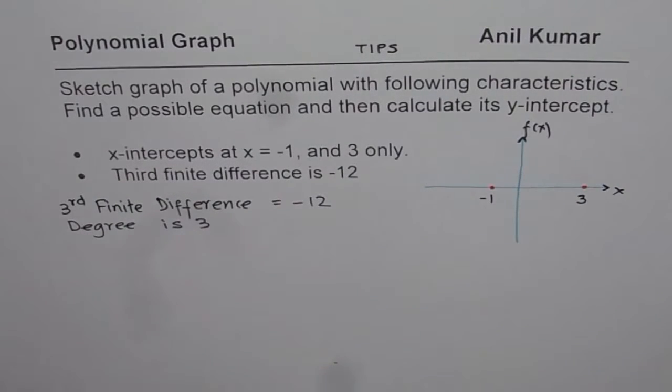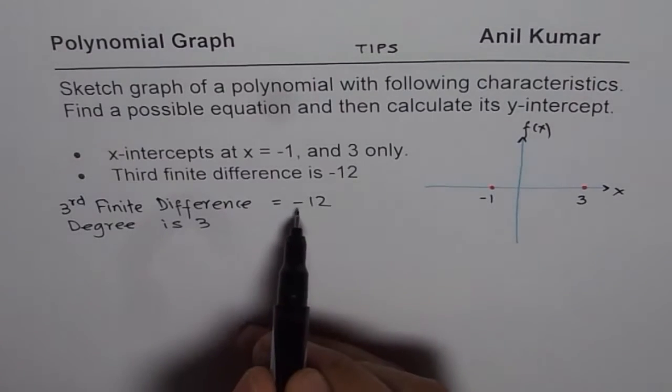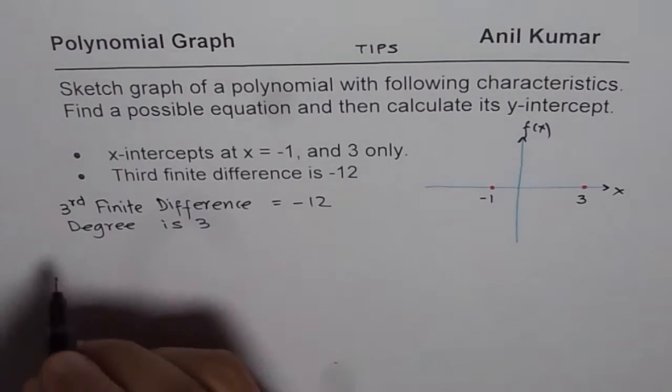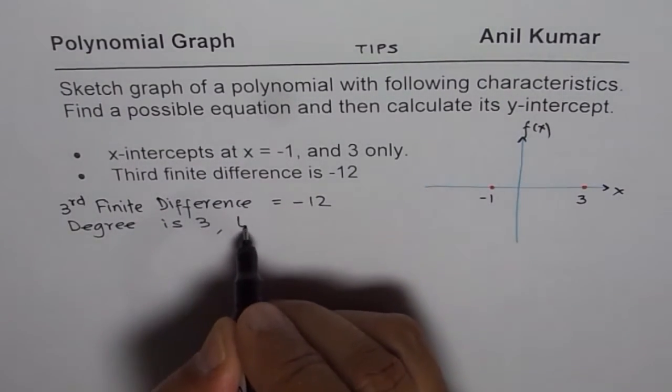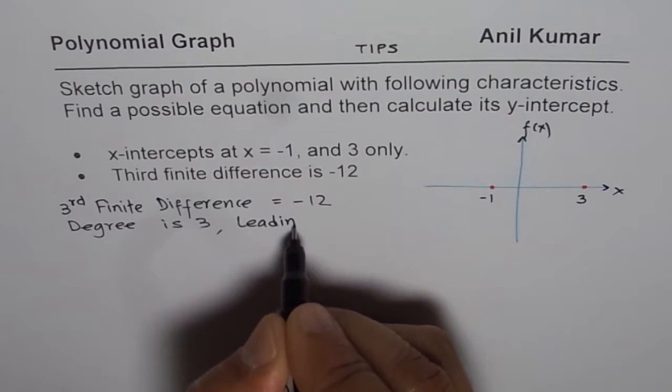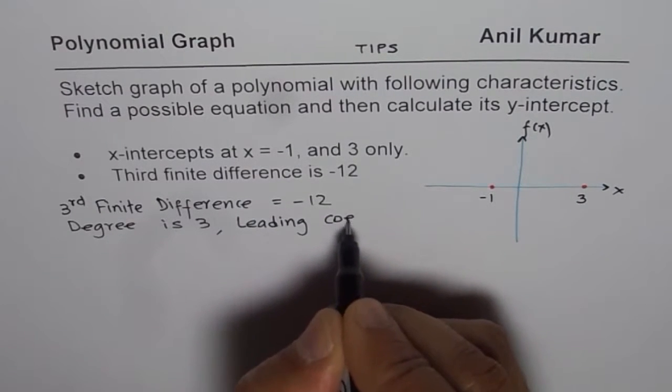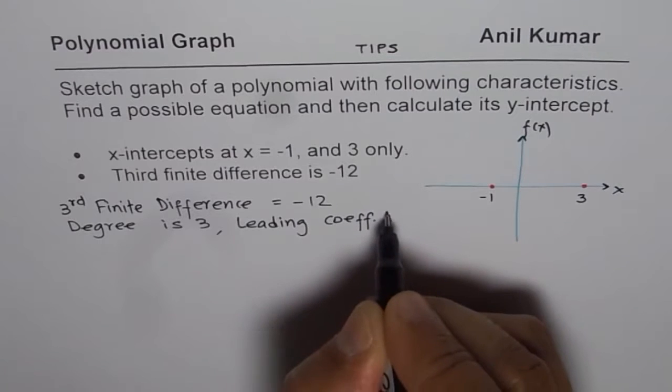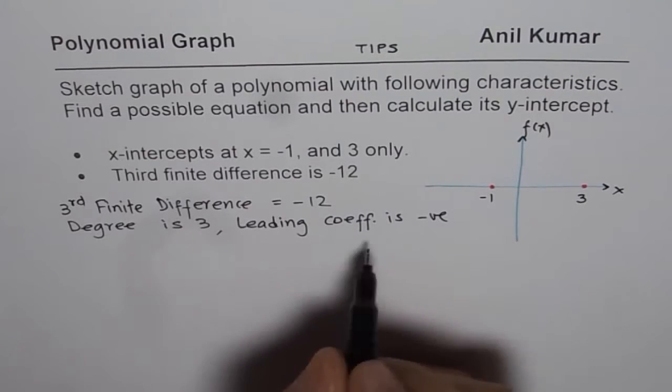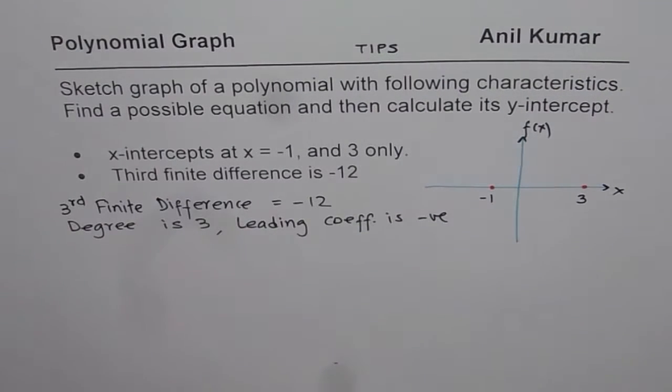This is the third finite difference. So the degree is 3. Now, will that give you an idea of the leading coefficient? Well, since it is negative, we can also say that the leading coefficient is negative. So these are two things which we get from here.